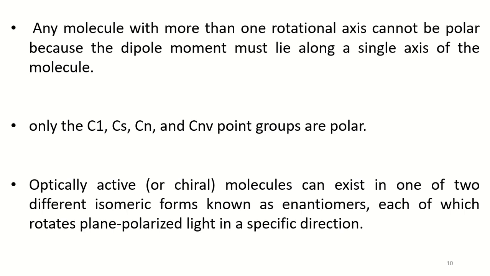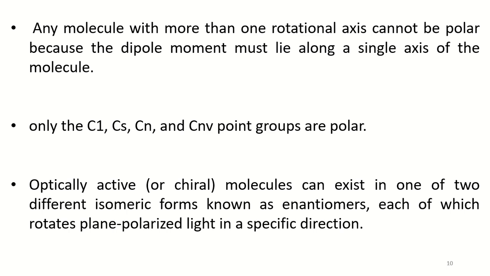Optically active means chiral molecules can exist in one of two different isomeric forms which are known as enantiomers, each of which rotates plane polarized light in a specific direction. And you have a very good idea of enantiomers and their possible properties. We have learned many things about the enantiomers and their properties in previous lectures.